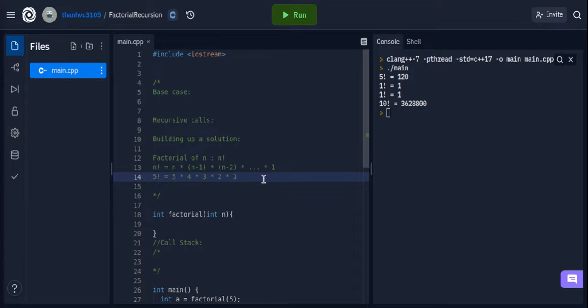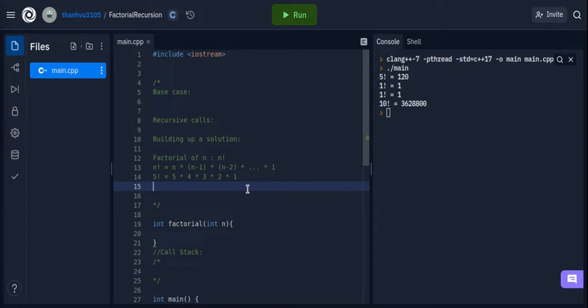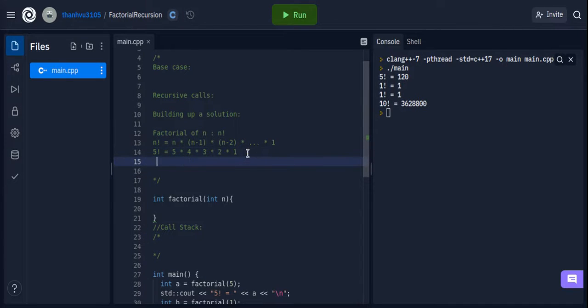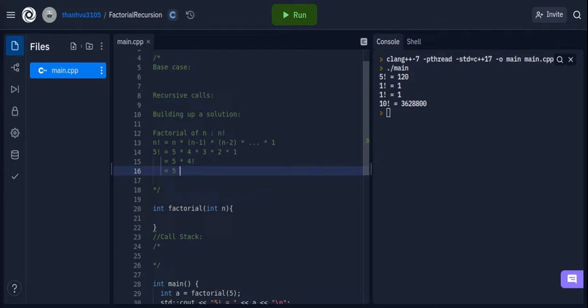This is a very good example for recursion because if you think about it, the factorial of 5 equals 5 times the factorial of 4. 4 factorial equals 4 times 3 times 2 times 1, and 4 factorial equals 4 times 3 factorial, which is 3 times 2 times 1, and we go on like that.